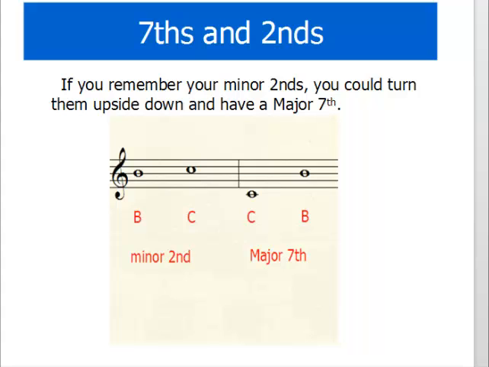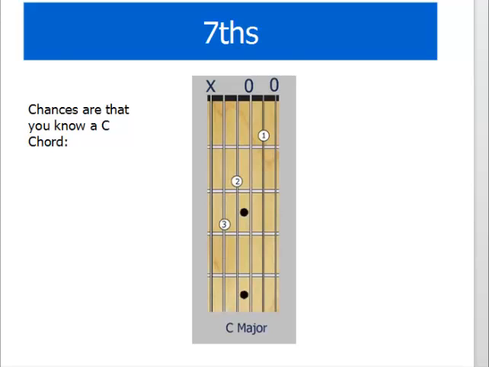We get the major seventh. Now, it sounds a little maybe uncomfortable, but if we add the major third and the perfect fifth, we get a C major seventh chord out of that.